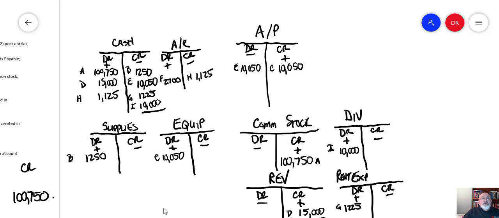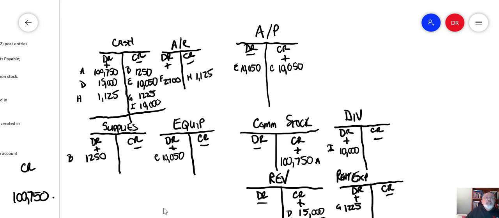Okay, so now what we will do, the procedure here, is to total both sides and take the difference between the two. Now, I'm just going to go through and give you the balances in these accounts because we did this in class. We don't have much room here to work with, so I'm just going to give you the final balance.